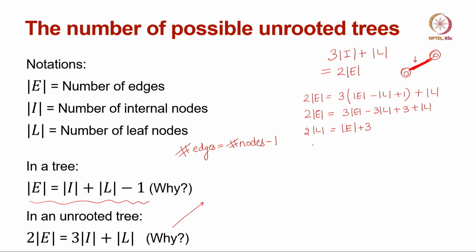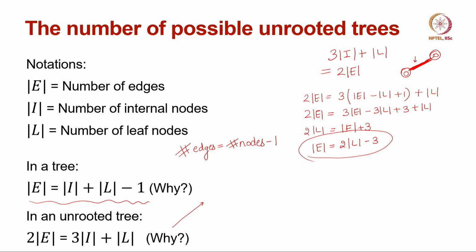In other words, E equals 2L minus 3. This gives you the relationship between the number of edges and the number of leaf nodes in an unrooted tree.